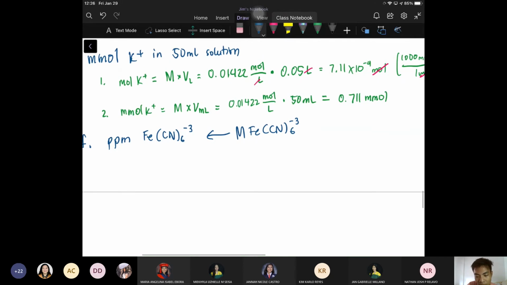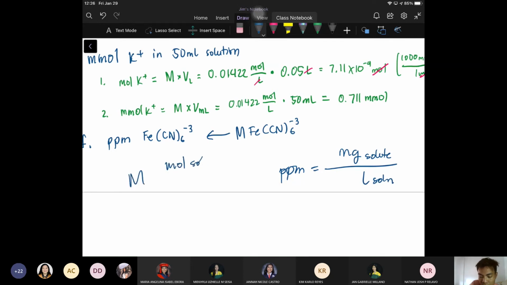Okay, so from the molarity, kunin natin yung moles ng FeCN6. Bakit? Kasi ano ba yung ppm? So when we use ppm, that is the milligram solute per liter of solution. Sa molarity, ano meron? Mole solute divided by volume of solution in liters.